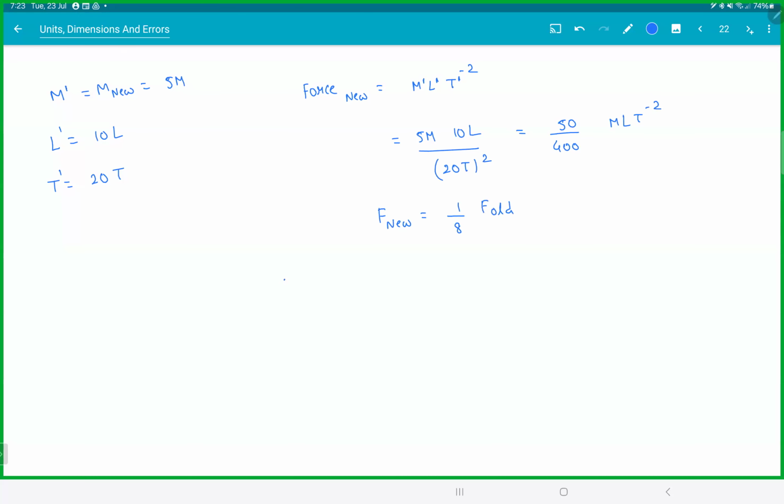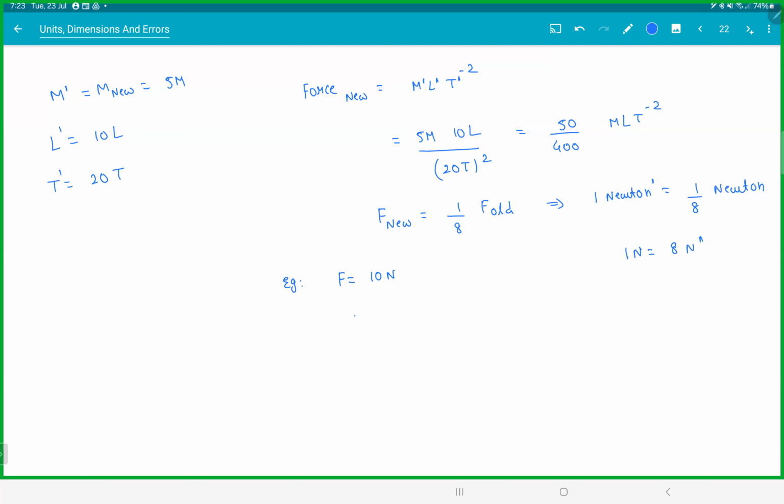So for example, let's say force is 10 Newton. Look at the meaning of this. The new Newton, so 1 Newton dash, will be 1/8 of the old Newton force. So basically 1 Newton is 8 times Newton dash.